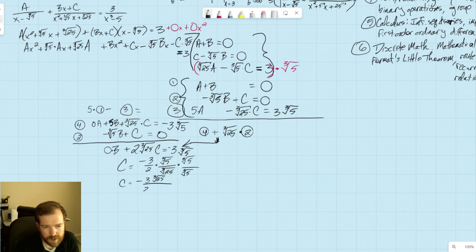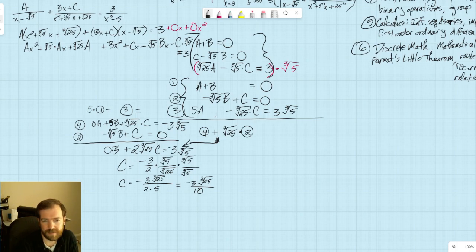And that's going to be a 2 times 5 down bottom, which is just going to be 10. So negative 3 cube roots of 25 all over 10.